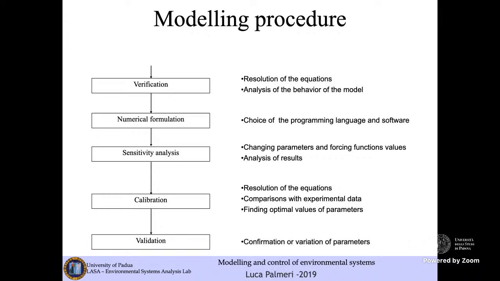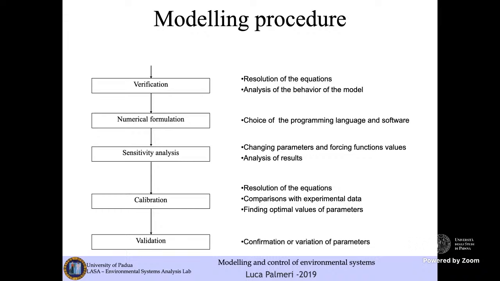For example, if dissolved oxygen is one state variable in your model, this is the point in which you shall verify that dissolved oxygen depends on the temperature in such a way that if the temperature increases, you expect dissolved oxygen to decrease. If this does not happen, it means that you have forgotten something or you are not correctly describing your system.